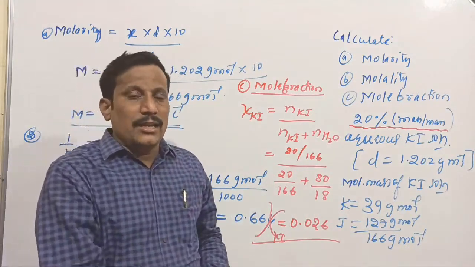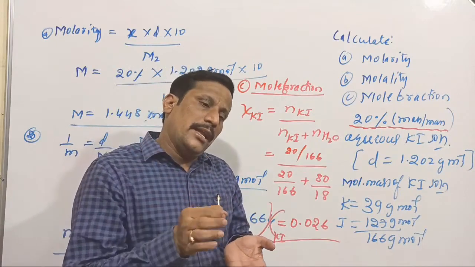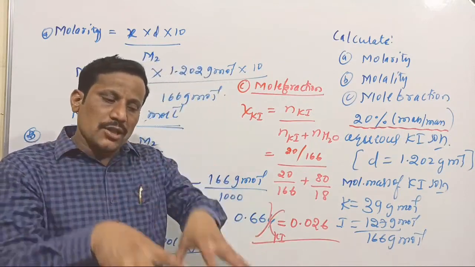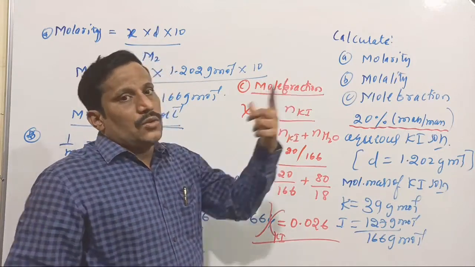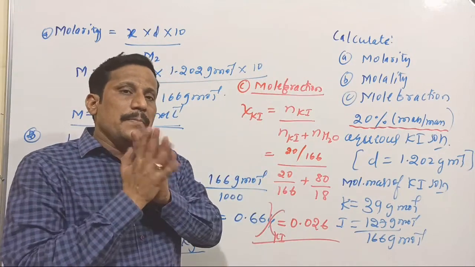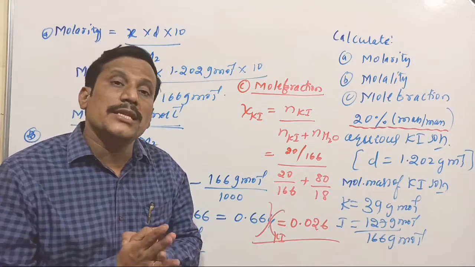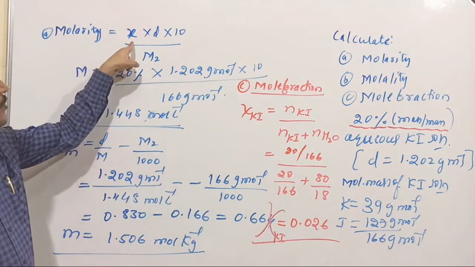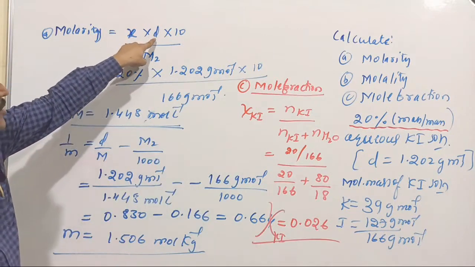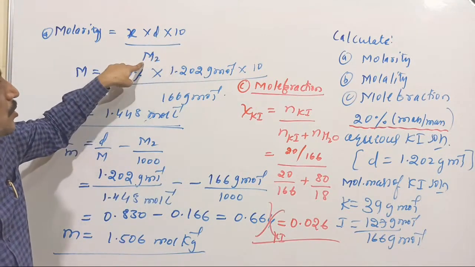They are asking to calculate the molarity, molality and mole fraction of the same solution. So first I am calculating molarity, using the relation molarity is equal to mass percentage into density into 10 divided by m2.